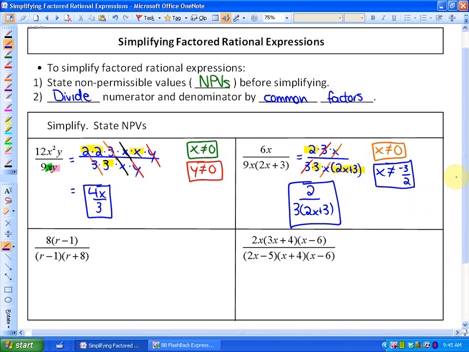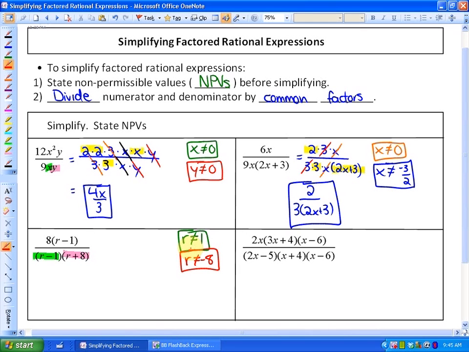In our next example, the non-permissible values, again, are values for the variables that would make the denominator equal 0. Our non-permissible values are that r cannot equal 1, because that would give the first factor a value of 0, and r can also not equal negative 8. Now, in order to simplify, these are already factored entirely. The monomials can't really be factored much more.